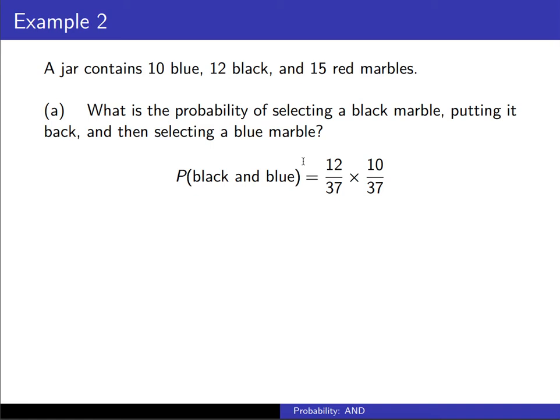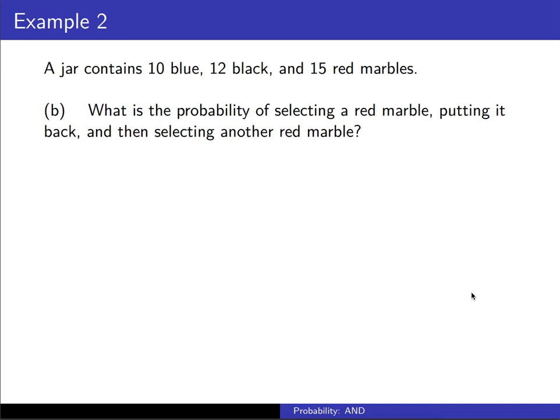To find this probability, we multiply 12/37 times 10/37 and get 120/1,369. So a little bit less than 10%, but as a fraction it is 120 out of 1,369.